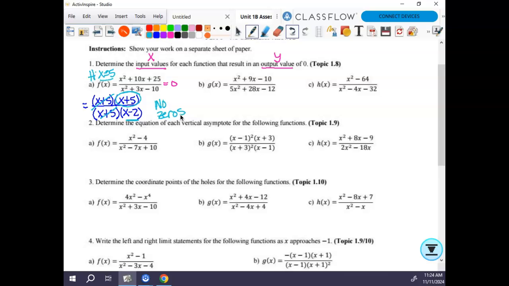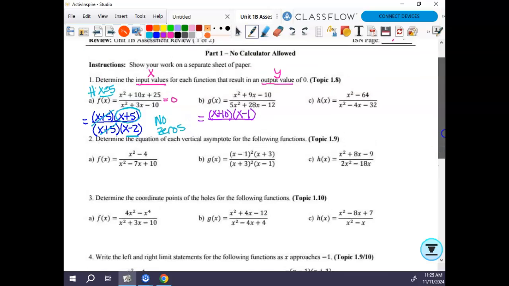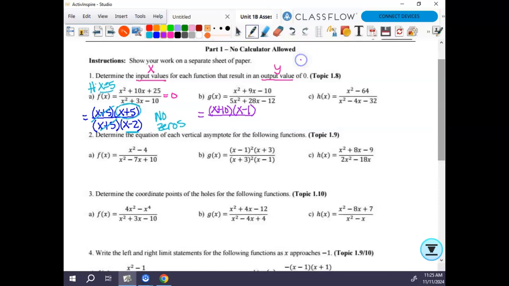All right, on this next one, I'm going to factor. I'm going to get x plus 10 times x minus 1. All right, and then when I factor this one right here, I'm going to do it up here so I have more room. 5 times a negative 12 is a negative 60.